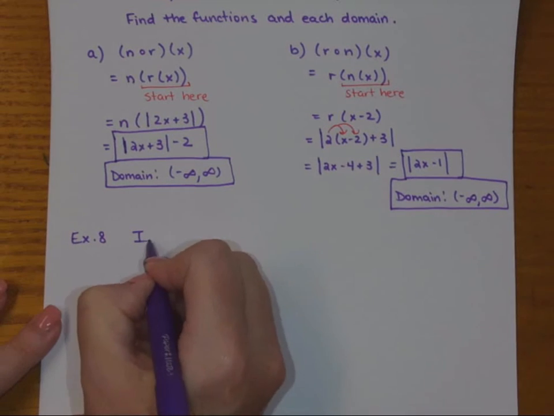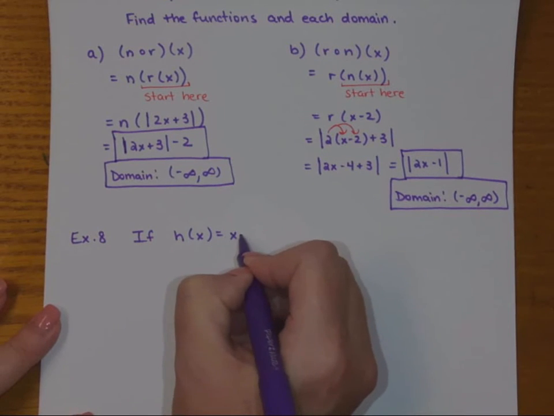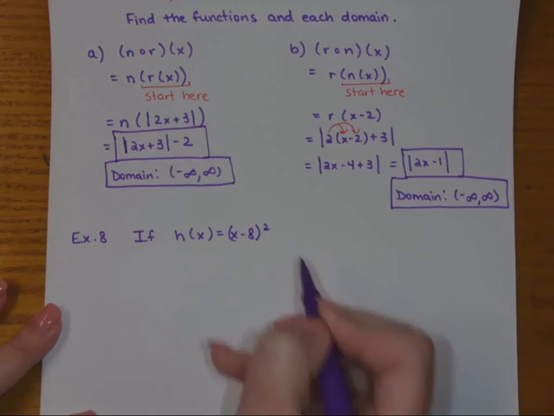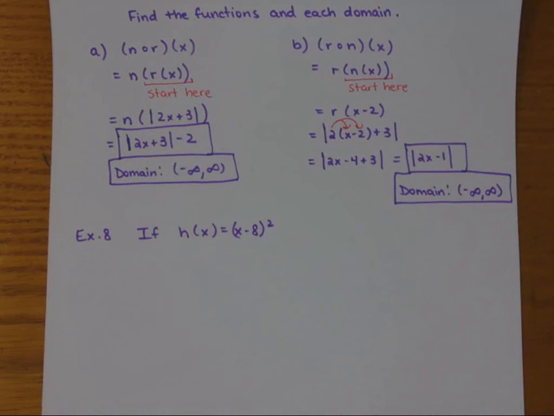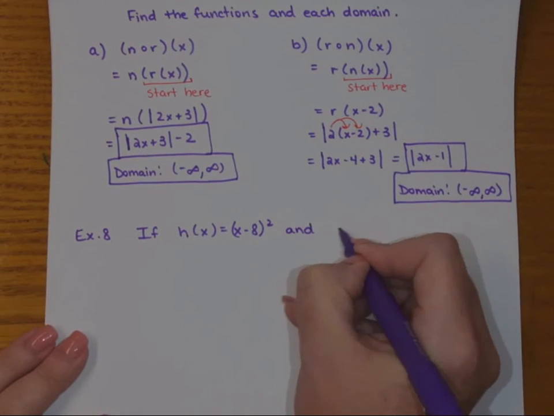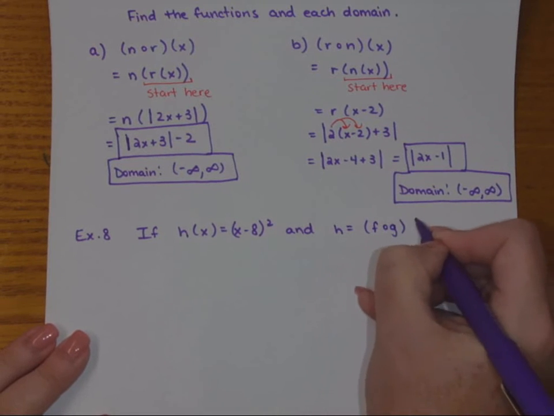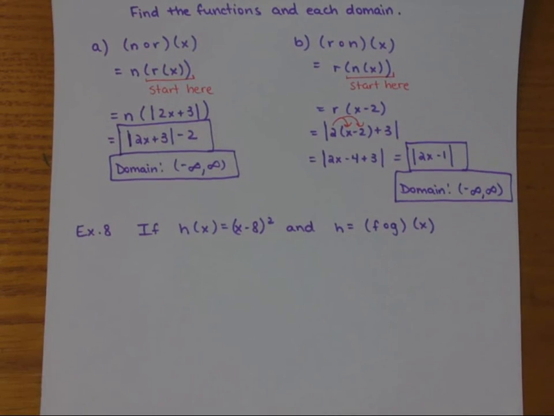All right, so let's do one where maybe we have to think outside the box a little bit. Let's say that I give you that h of x is (x minus 8) squared. And I tell you that h is a composition of functions of some sort. That's what I'm telling you by writing that.